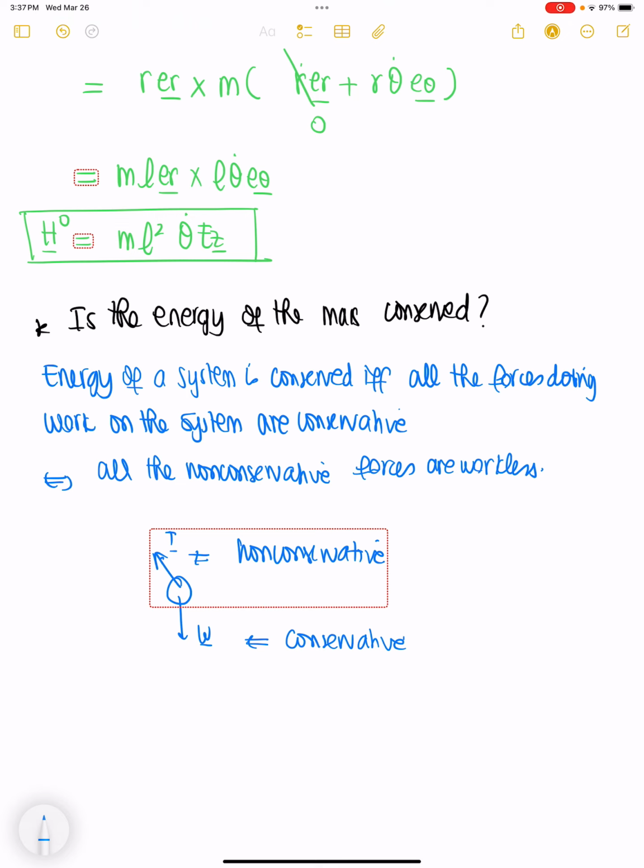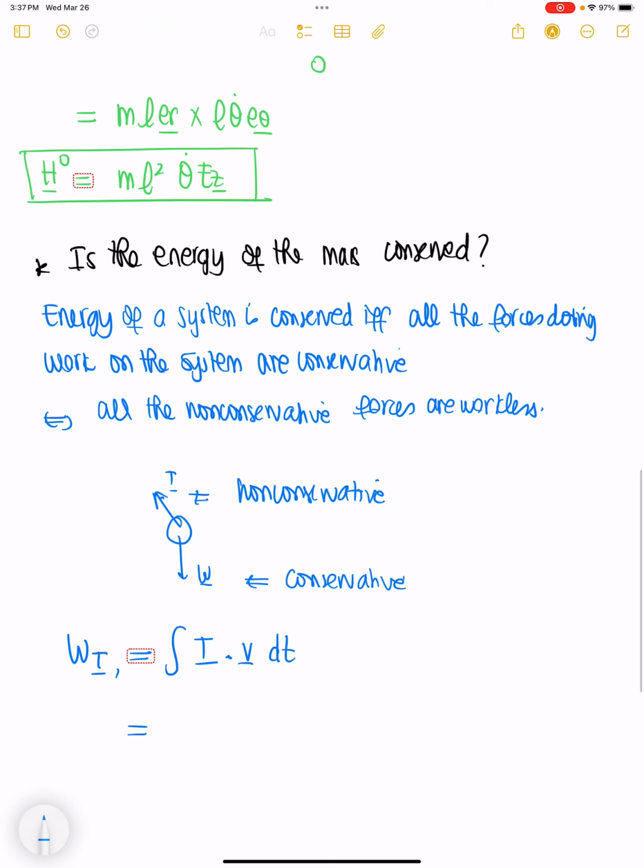Is the tension force workless? I'll have to calculate its work to figure that out. So to calculate the work of the tension force, I'll have to integrate the tension force dotted with the velocity dt, which is equal to minus T e_r dotted with the velocity, R theta dot or L theta dot e_theta, dt, which is indeed 0. The integral of 0 is 0.